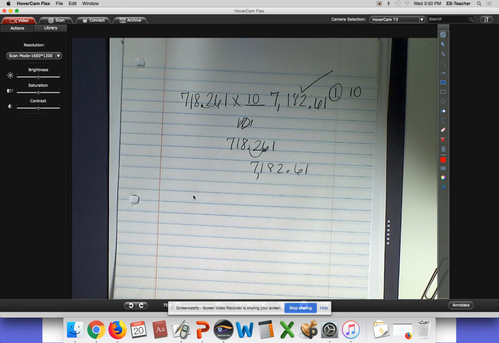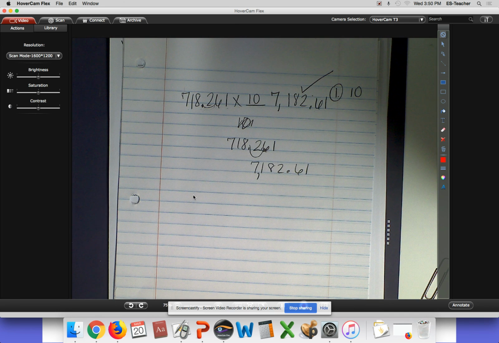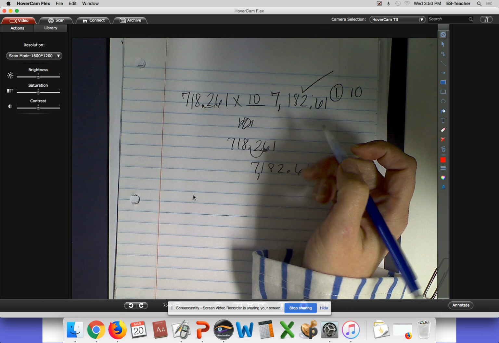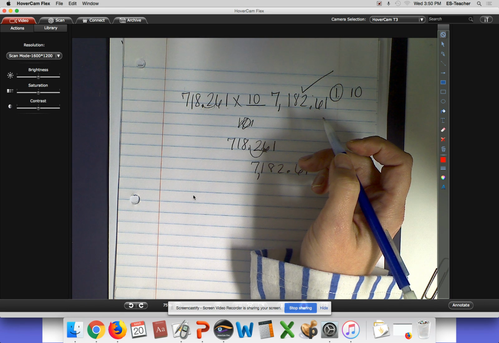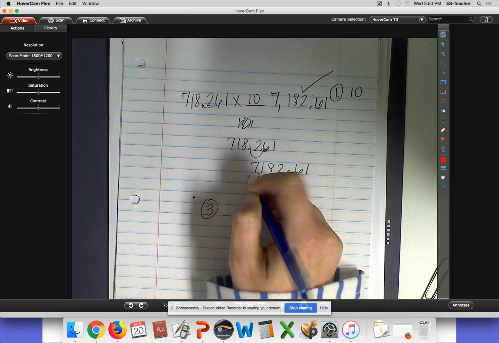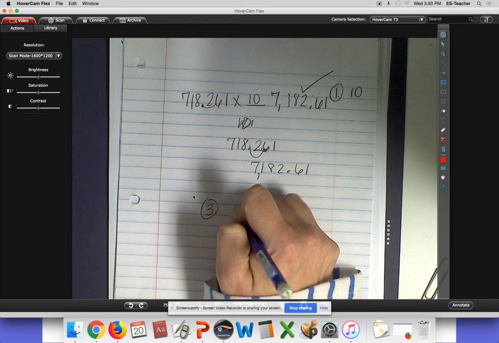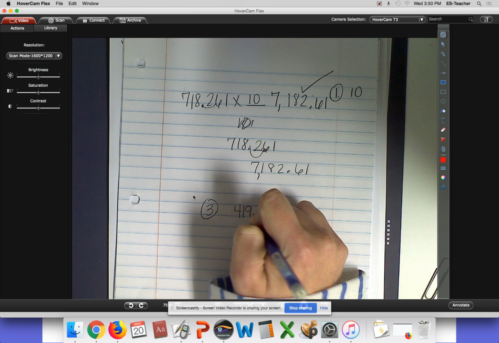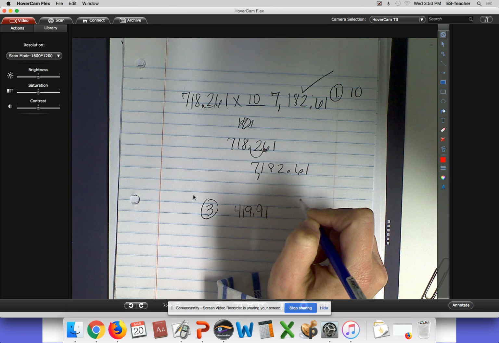Number 2 is a good one. Number 3, rounding to the nearest tenth. The problem is 419 and 91 hundredths.